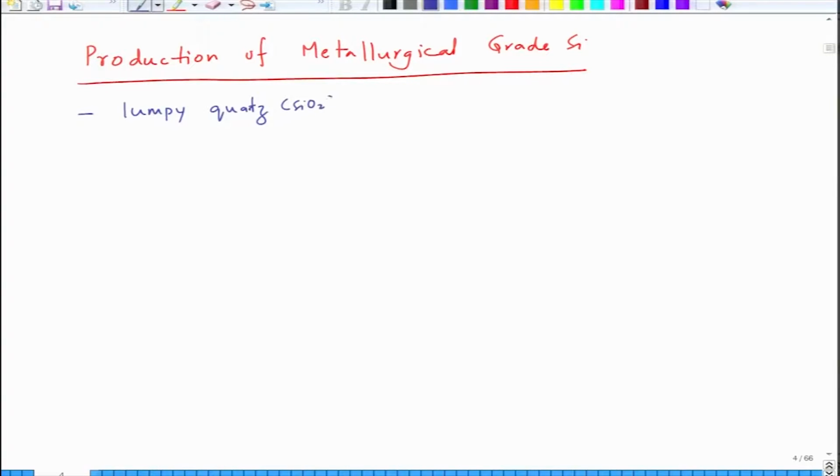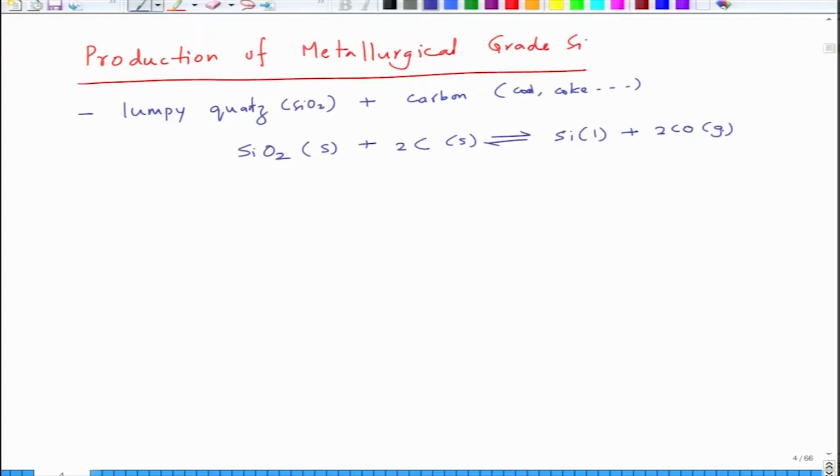Quartz we know is nothing but SiO2, and essentially you make it react with carbon. Carbon is in the form of coal, or you can say coke, etc. Various forms of carbon are present. So, essentially you make SiO2 in the solid form react with carbon in the solid form, and this gives rise to silicon, that is liquid, and CO, which is in the gas form.